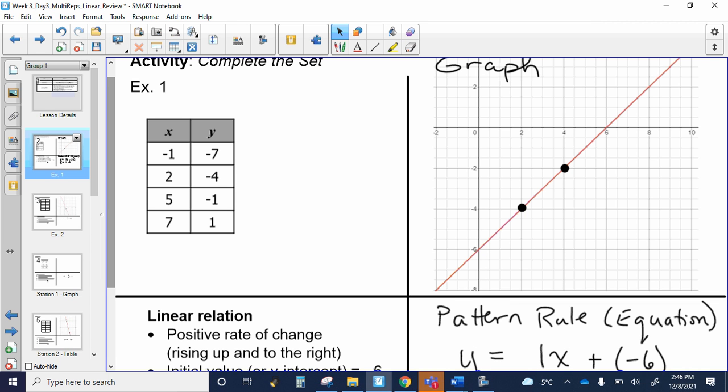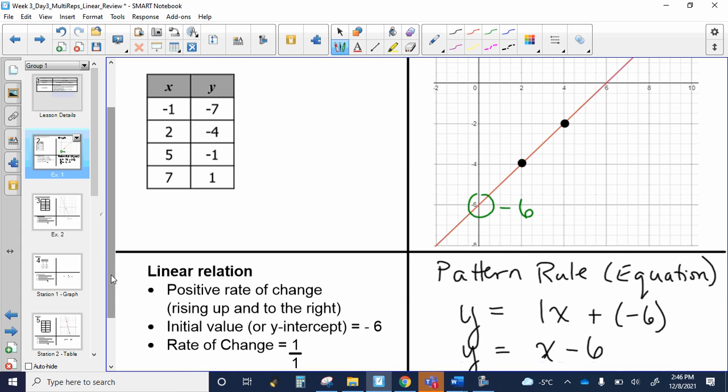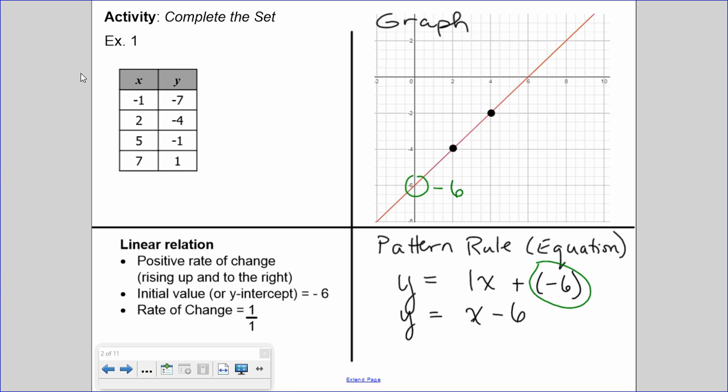Remember that we are looking for the y-intercept, which is -6, which we can see here. And we're also looking for the rate of change. That's this value here.